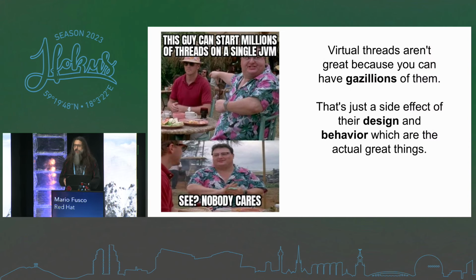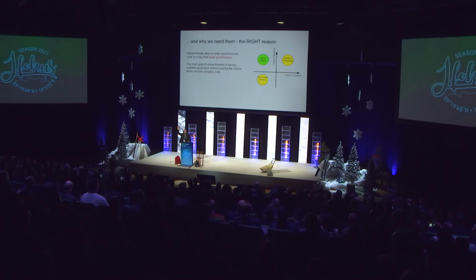So what are virtual threads really good at? For which reason should we use them? How many of you do some sort of reactive programming? Okay, a few. And I believe that, are you happy with it? I mean, it's easy.